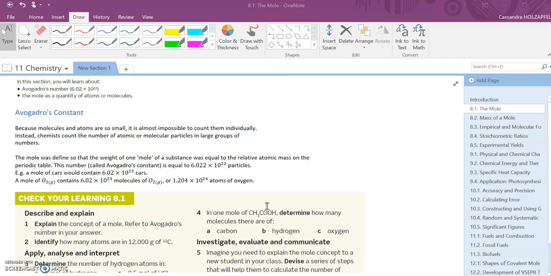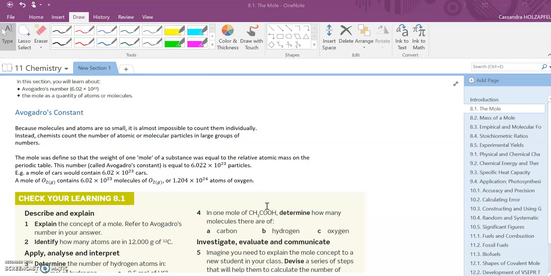What scientists have tried to do previously is take the number on the periodic table, the relative atomic mass, and work out what mass in grams of that substance equals that same number, and how many atoms must be present for that to be true.